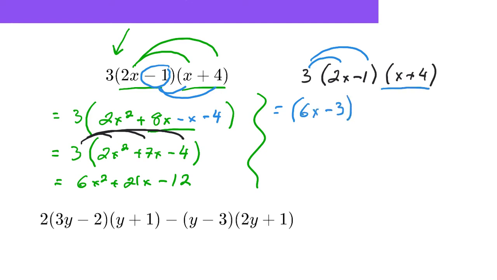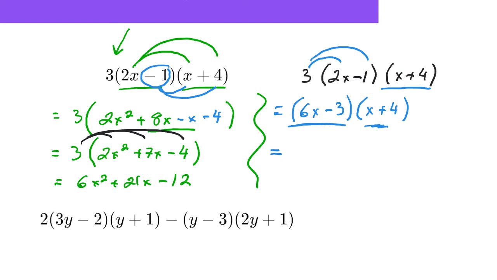I then need to bring down my last bracket, which is x plus 4. So the difference here is that now we are multiplying bigger numbers against the second bracket. The numbers are small enough that we can manage this hopefully mentally, and we'll get the same place.